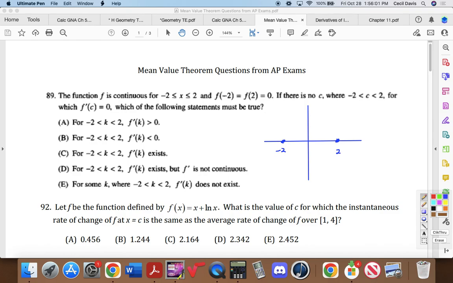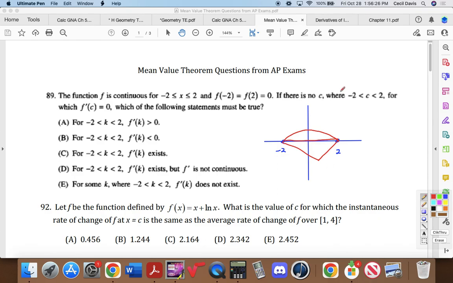It could be like an absolute value function that's been shifted up or down or something. There's all kinds of things that it could be. So, maybe it's just a horizontal line that connects them. Maybe it's something nice and smooth. Maybe it's not so nice and smooth. Any of those are possible.